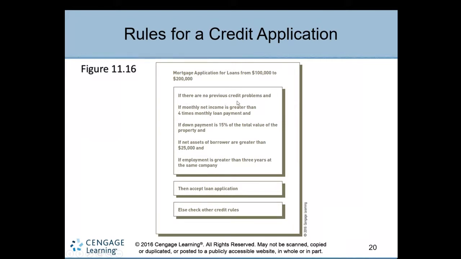If there are no previous credit problems, they are checking that the customer has no previous credit problems. Then next, check if the monthly income is greater than 4 times the monthly loan payment. His monthly income must be greater than 4 times the monthly payment. Or if the payment is 15%, and if all these conditions are satisfied, then they accept the loan application.